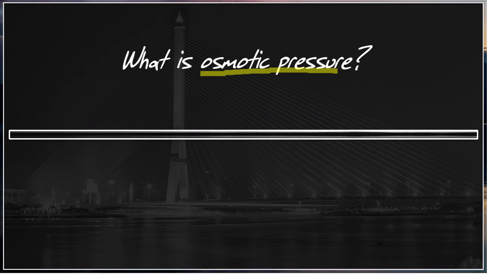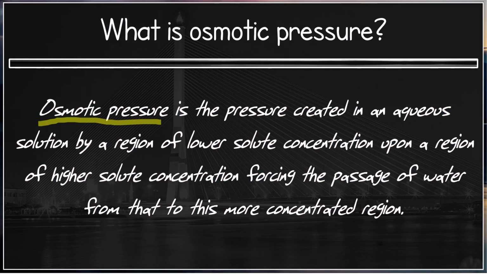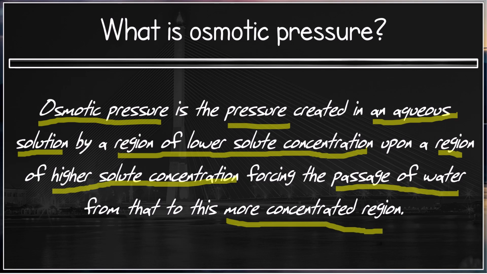What is osmotic pressure? Osmotic pressure is the pressure created in an aqueous solution by a region of lower solute concentration upon a region of higher solute concentration, forcing the passage of water from that to this more concentrated region.